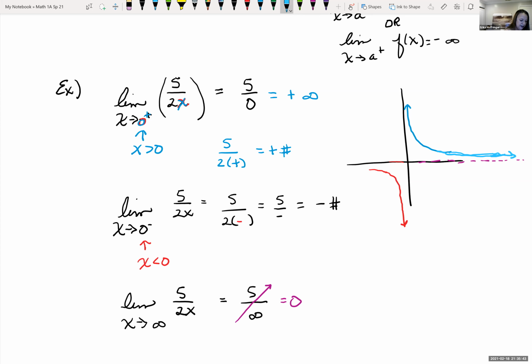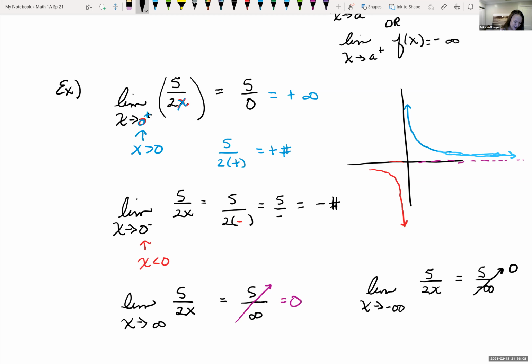Same idea, looking at the limit as x is going to negative infinity of 5 all over 2x. Well, this is 5 over negative infinity, 5 over something that is getting really, really big in magnitude.